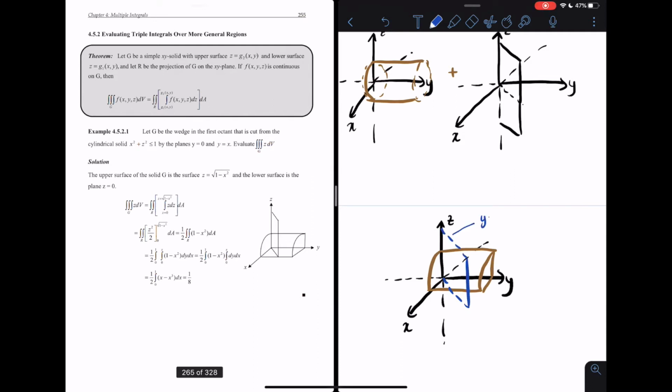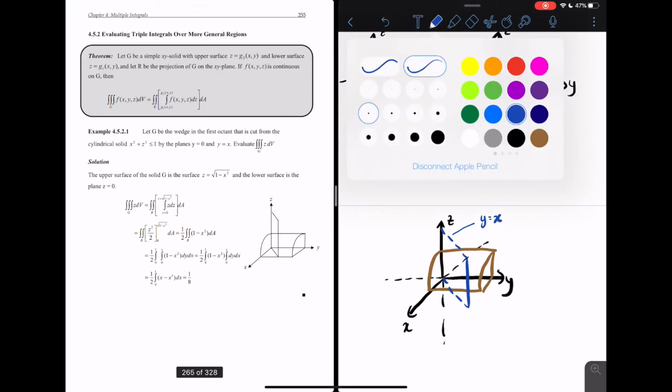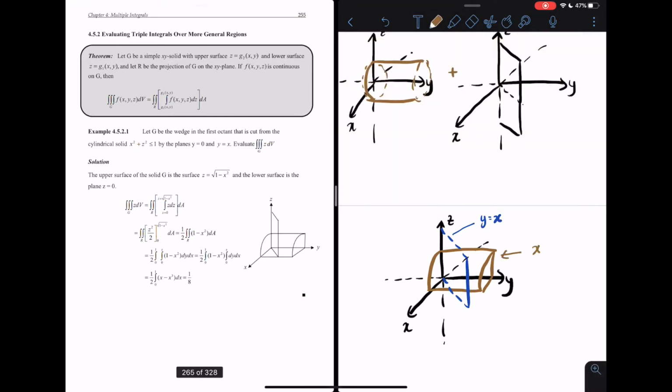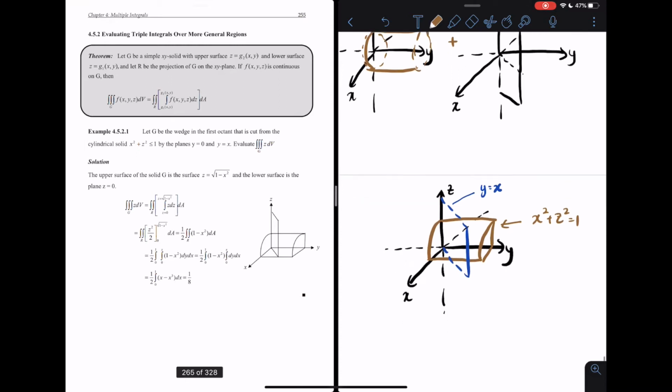This is y equals x. Meanwhile, this is x squared plus z squared equals 1. Then we have another plane, y equals 0, or the xz plane.